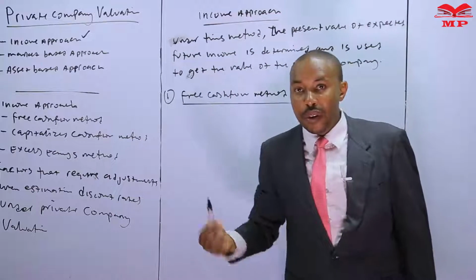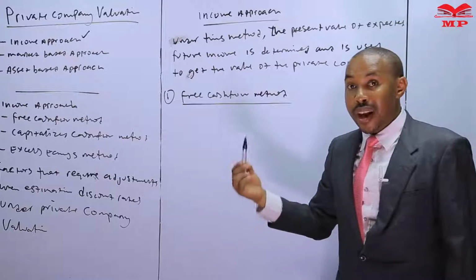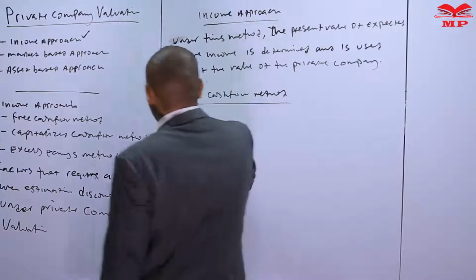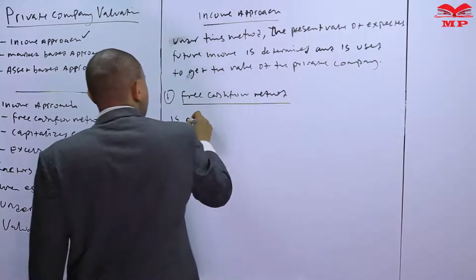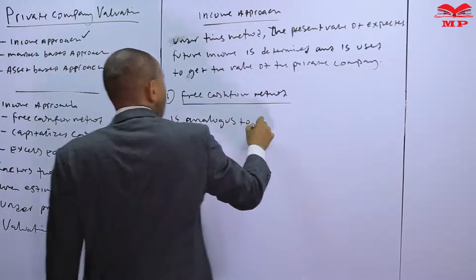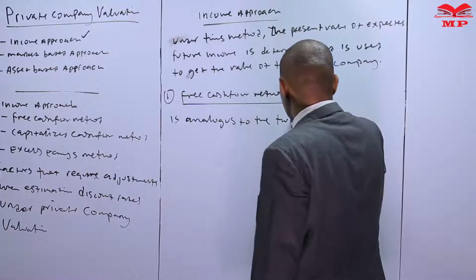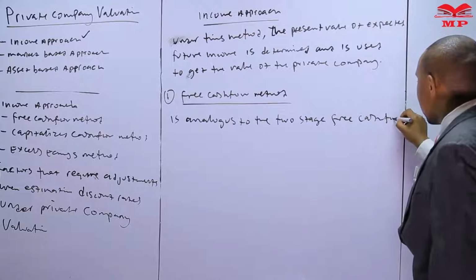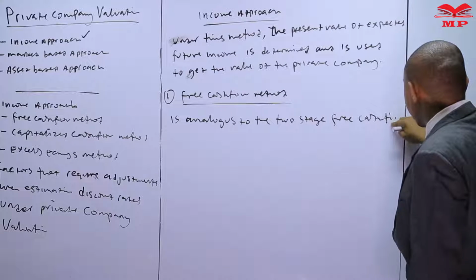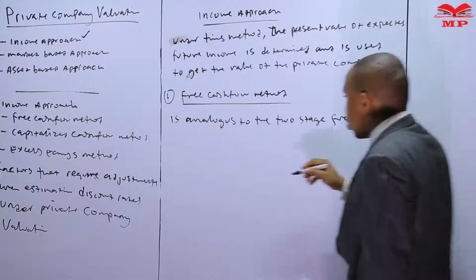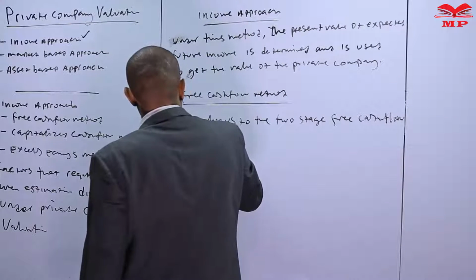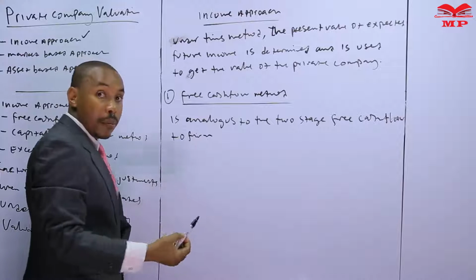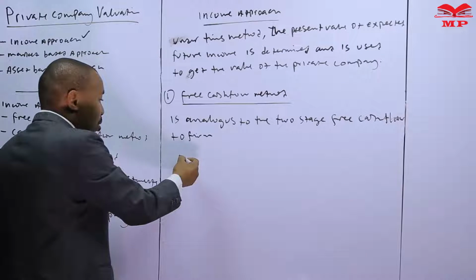Under the free cash flow method, the analyst is required to estimate the two-stage free cash flow to firm, which is analogous to the two-stage free cash flow to firm model.